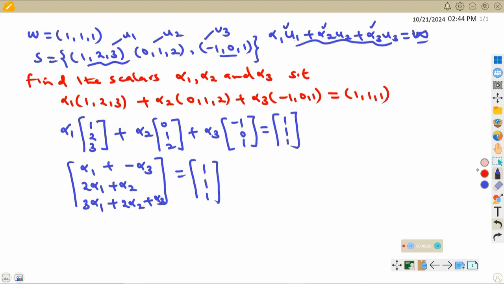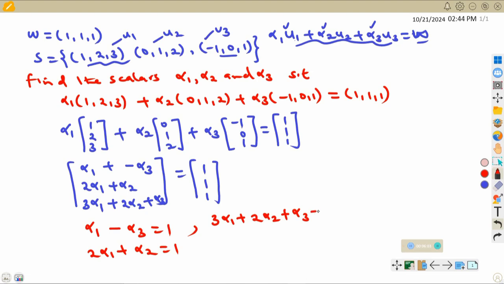So let us equate the corresponding components. Equating the corresponding components, we shall have the equations alpha 1 minus alpha 3 equals 1, 2 alpha 1 plus alpha 2 equals 1, and lastly 3 alpha 1 plus 2 alpha 2 plus alpha 3 equals 1.